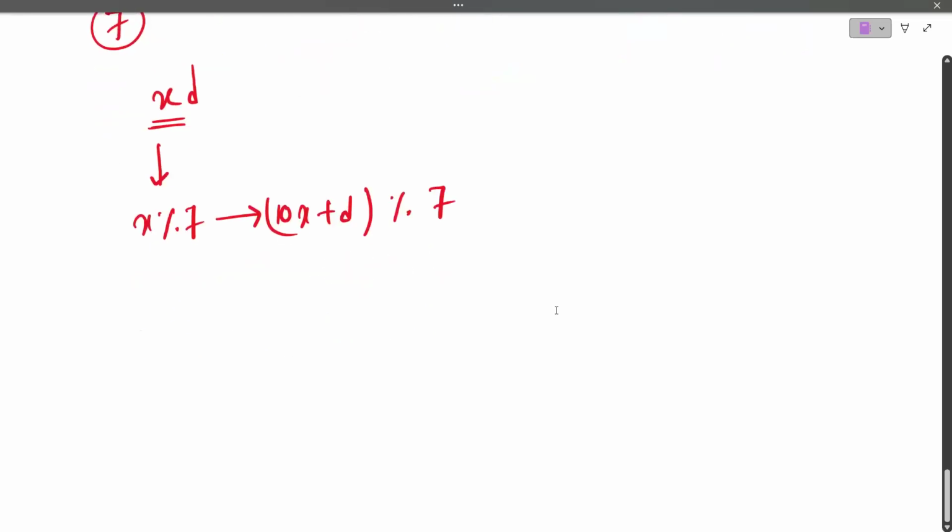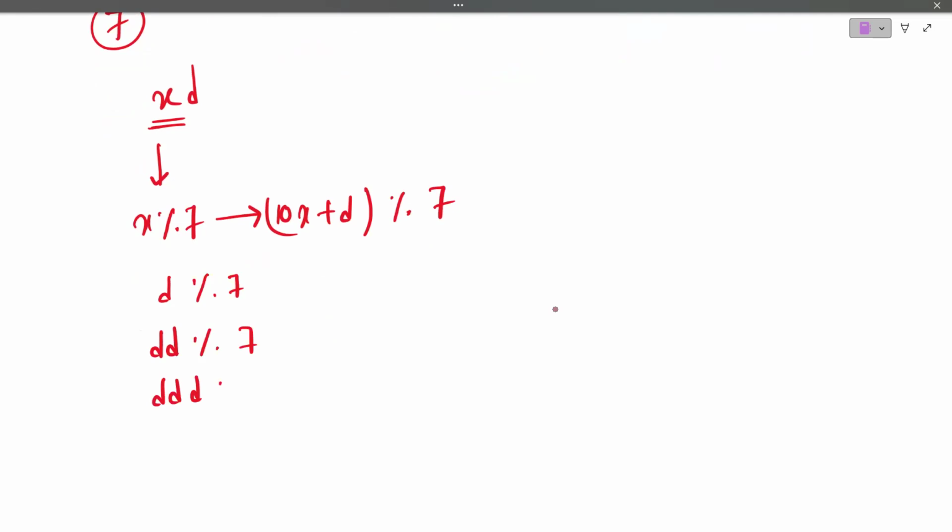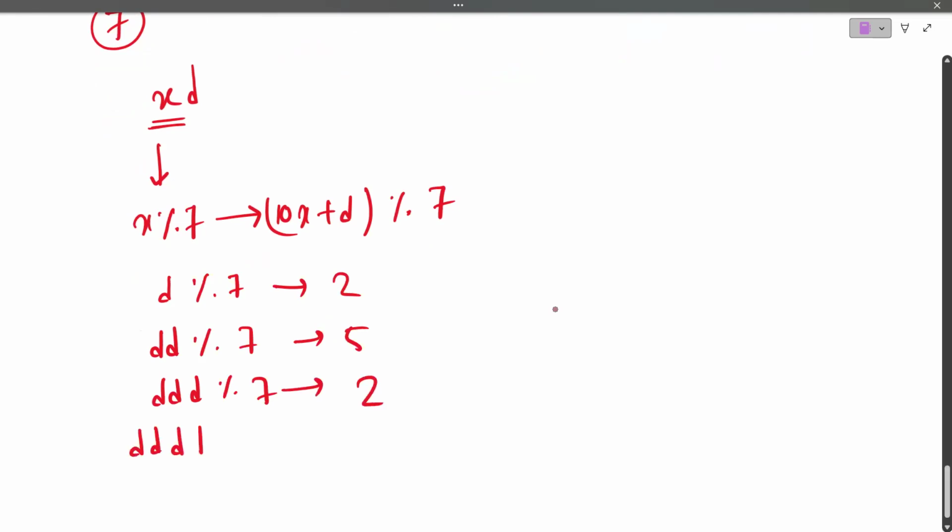So basically, the idea is like, suppose you try to compute the values of d modulo 7, dd modulo 7, and triple d modulo 7, and suppose it starts repeating here. So here it was 2, here it was 5, and here it was 2. So now when you compute 4 times d modulo 7, what should it be?